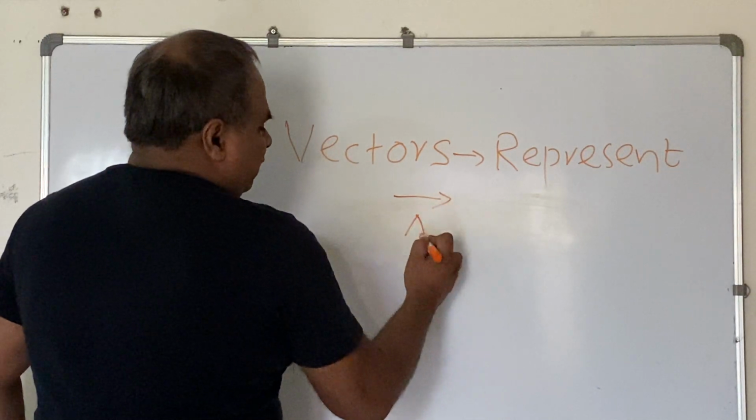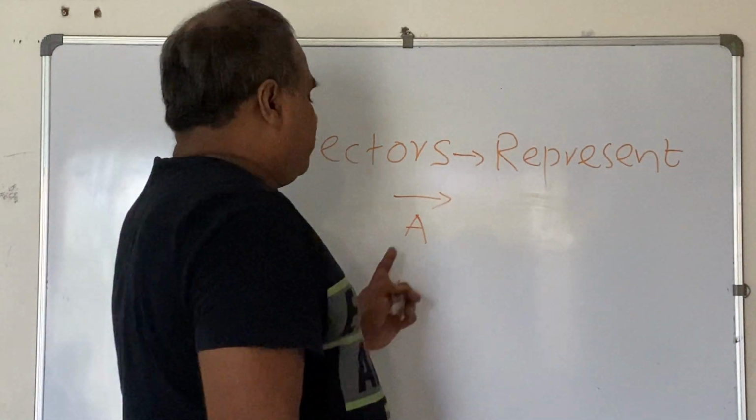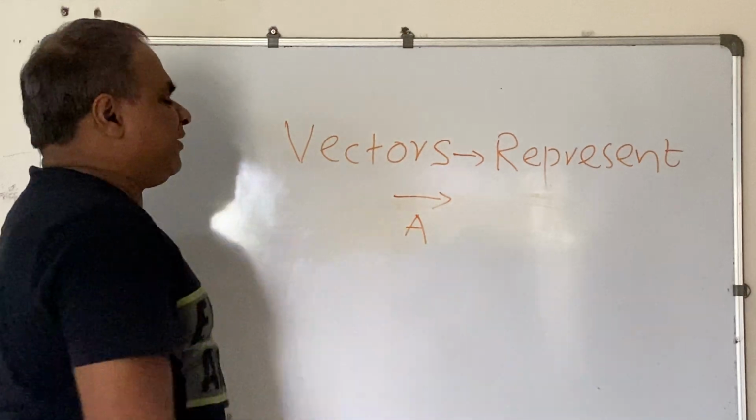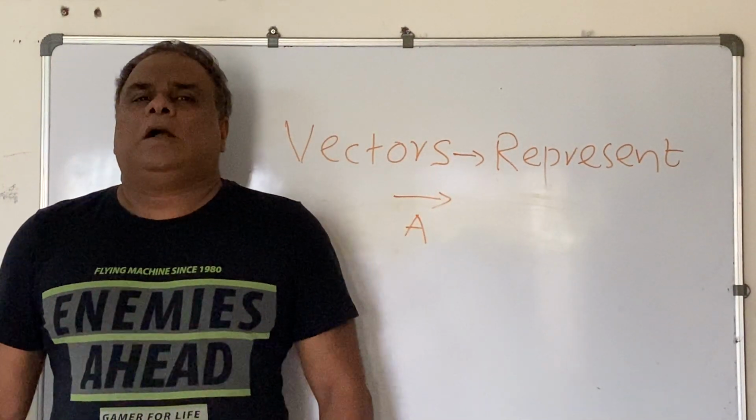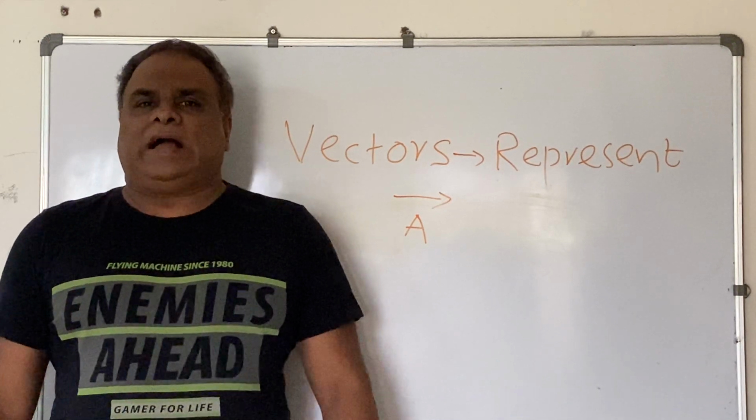This is the representation of vector A. So this is the way we represent a vector. Understood? Now, vector representation we have understood.